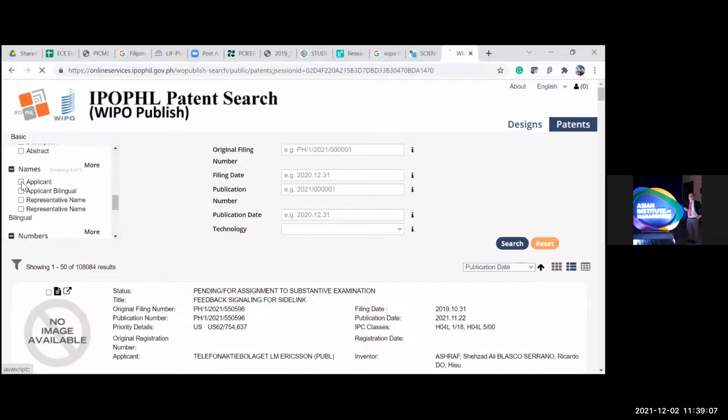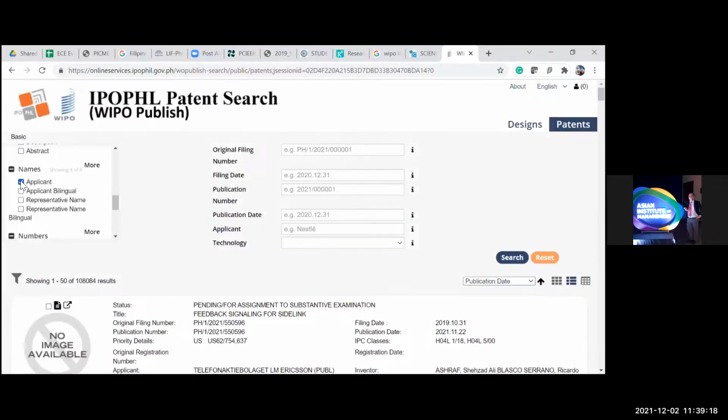For example, on the databases, on the left side I want to click the applicant, because usually the applicant is easy to identify. Now, for example, we go back here and type Caraga State University.